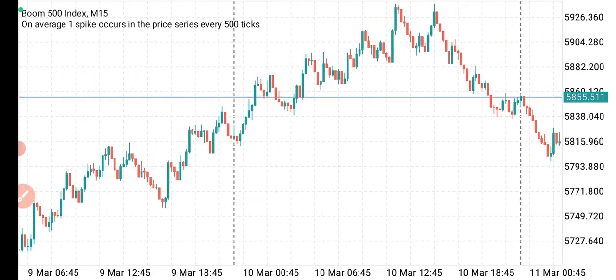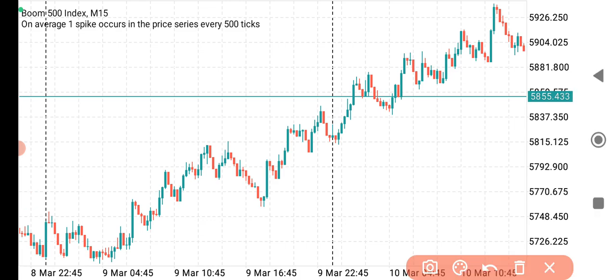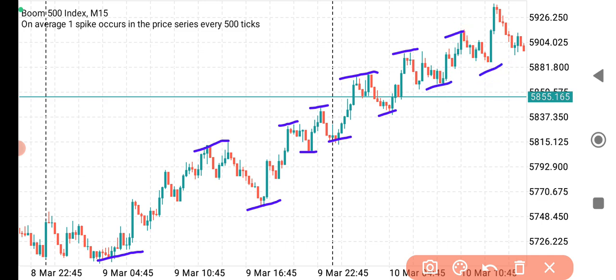Now look at this. If you look at this scenario critically, you will notice that this market has been making a series of higher high and higher low. This is a low, this is a high, this is a low, low, high, low, high, low, high, low, high, low, high.